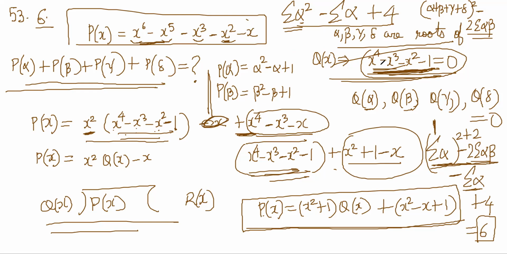Yes, sir. So all of these basic terms you can immediately find from this equation. All you had to do was express the higher degree equation in terms of the lower degree equation whose roots you know. So basically divide it. If you don't know how to write it like this, then just divide it. You'll get some quotient and remainder.